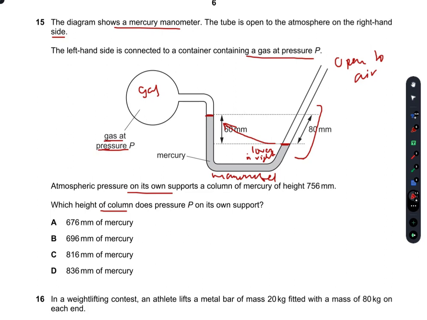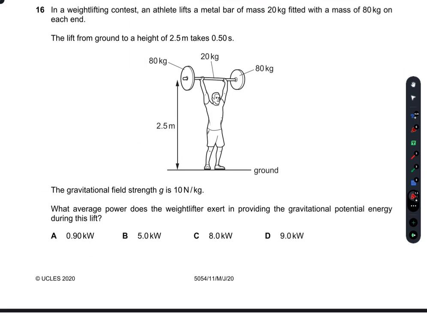So it means that this gas exerts lesser pressure on the mercury manometer than the air, and the difference here is 60 millimeters. So that's simply 756 minus 60. The value here is 696 millimeters of mercury. So B is the right answer.